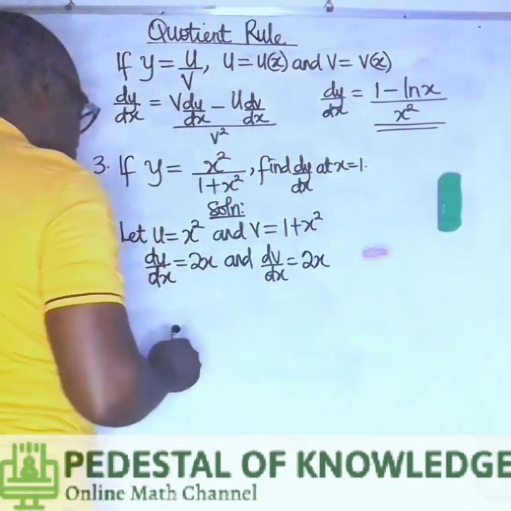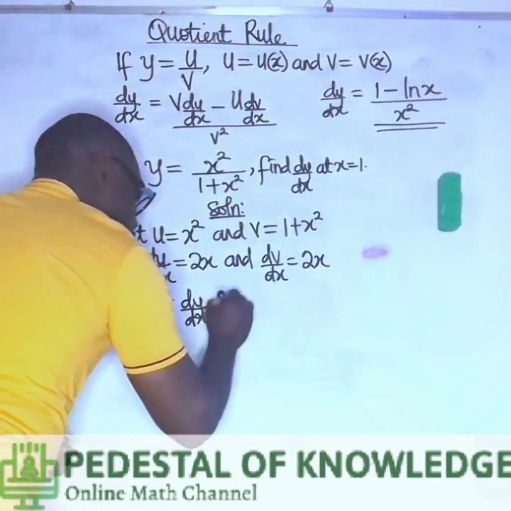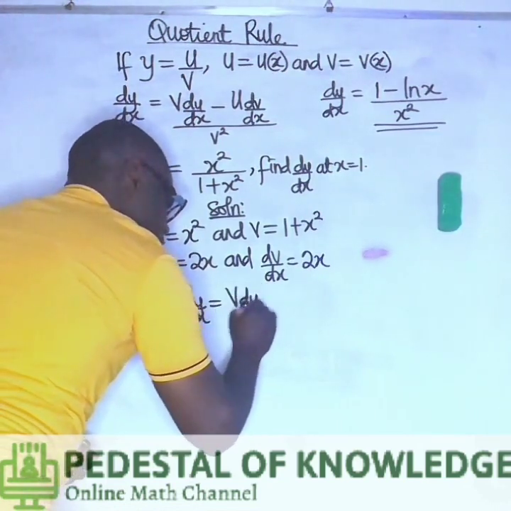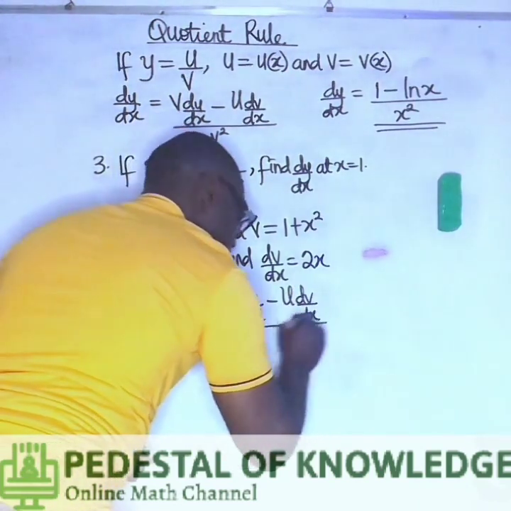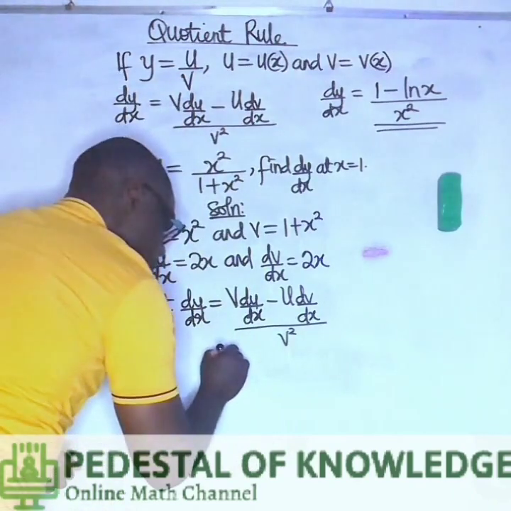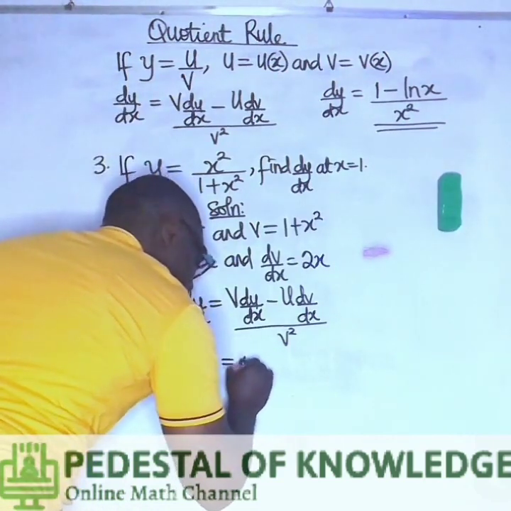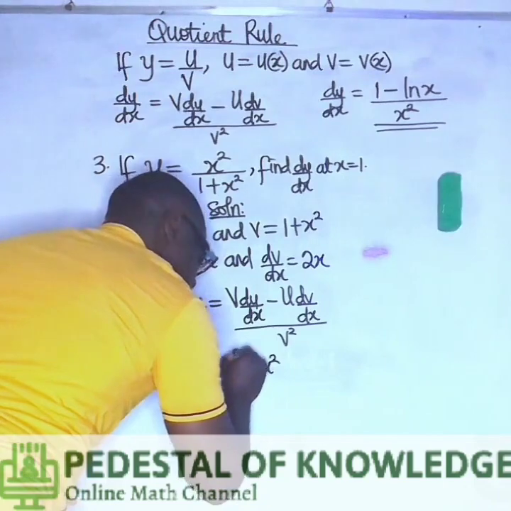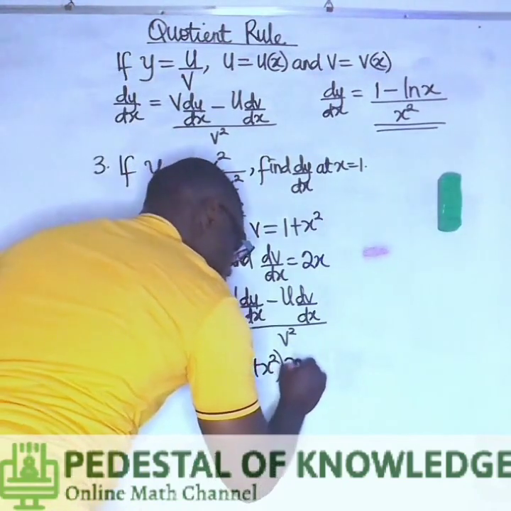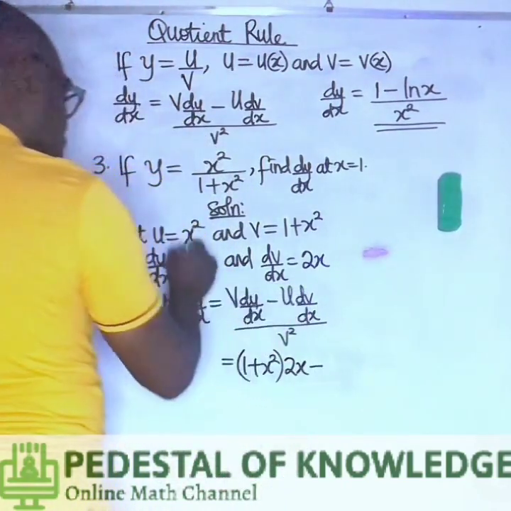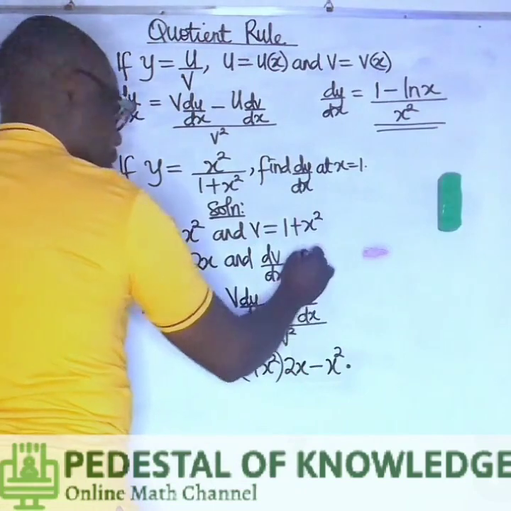So when we combine the parameters together, we know that dy/dx is equal to v du/dx minus u dv/dx all over v squared, and this is equal to v, which is 1 plus x squared, multiplied by du/dx, which is 2x, minus u, which is x squared, multiplied by dv/dx, which is 2x.